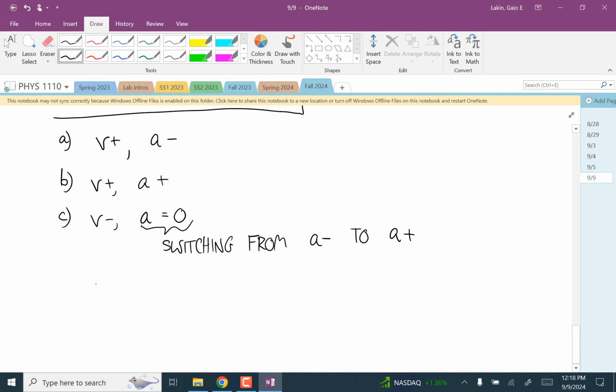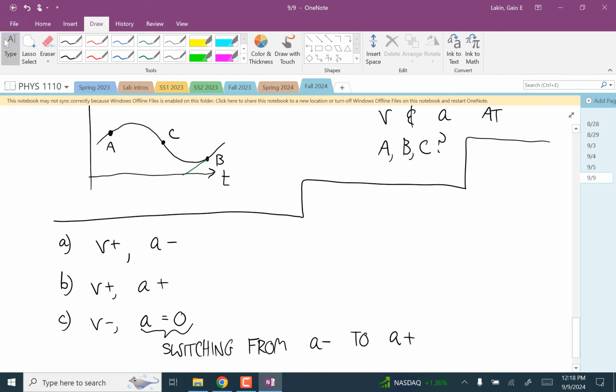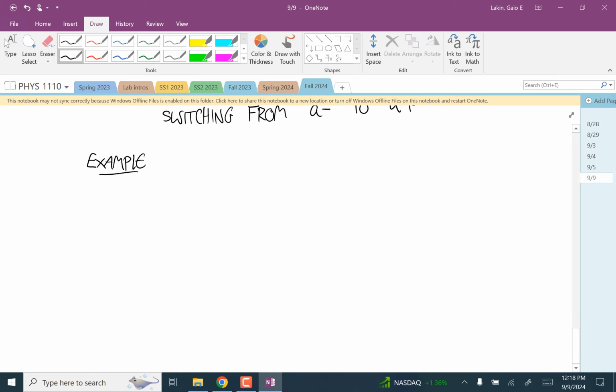Okay, let's do a similar example, but notice that in this one, we never even dealt with the real world. All of this is just a mathematical representation. But now we're going to start with a graph.